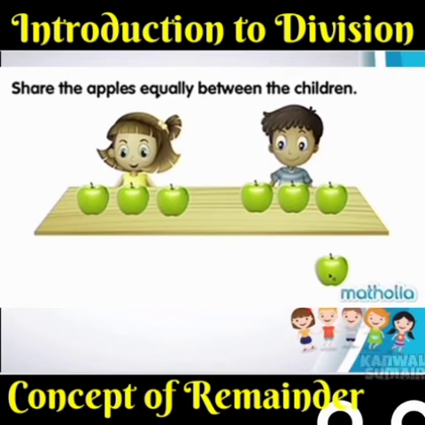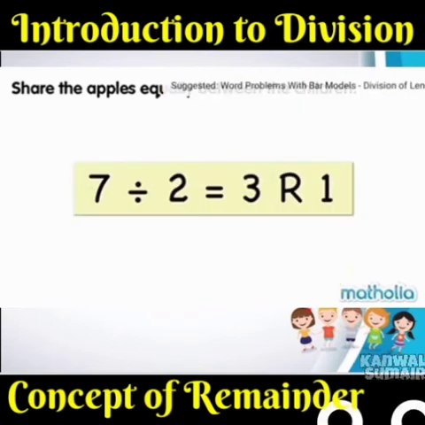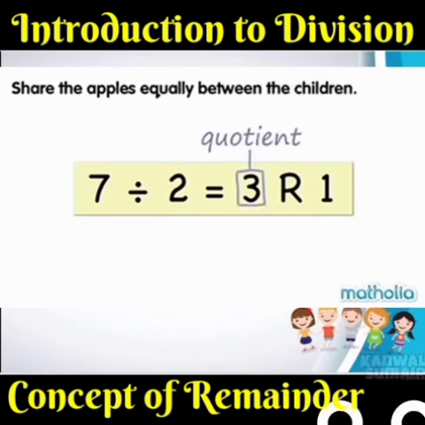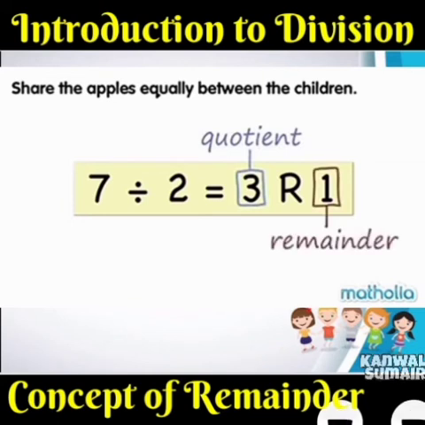There is 1 apple left. 7 divided by 2 is equal to 3 with 1 remainder. We can write this division equation. The result is called the quotient. The part left over is called the remainder. We read the equation as 7 divide 2 equals 3 remainder 1.